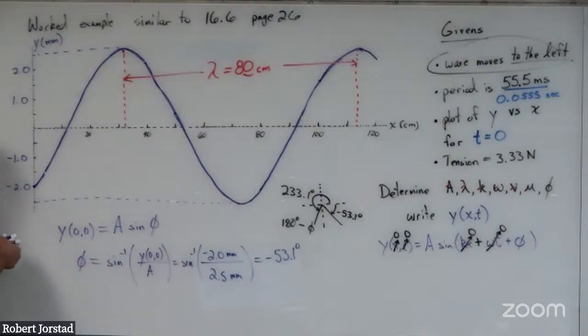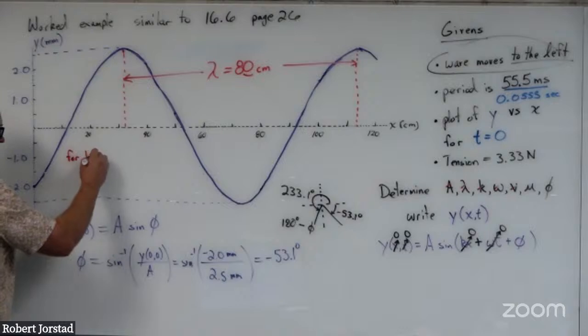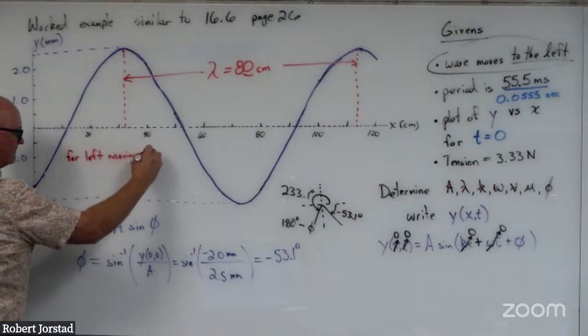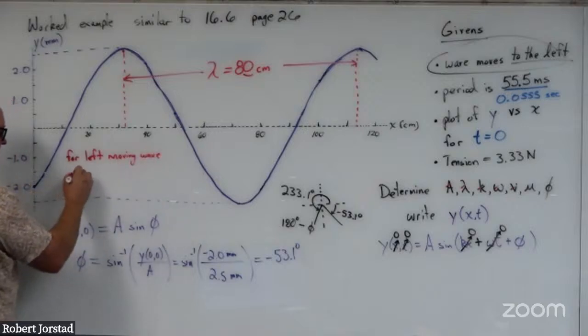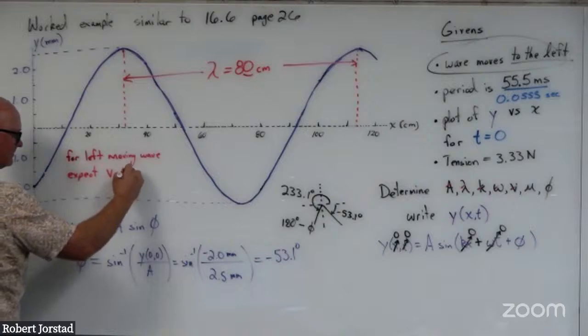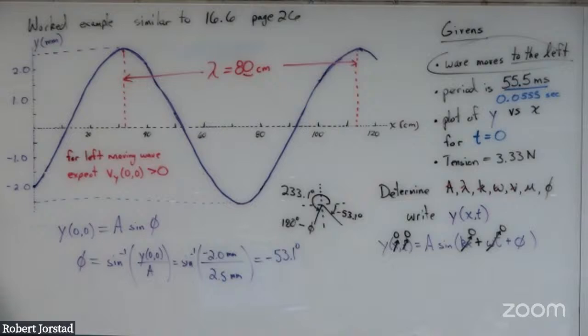So we expect that the velocity in the y direction of the element of the string at x equals 0 at time equals 0 should be greater than 0.